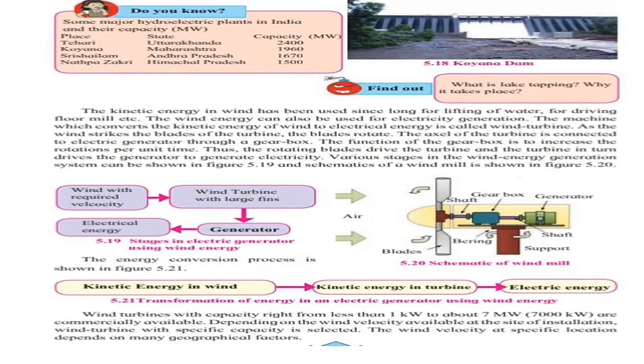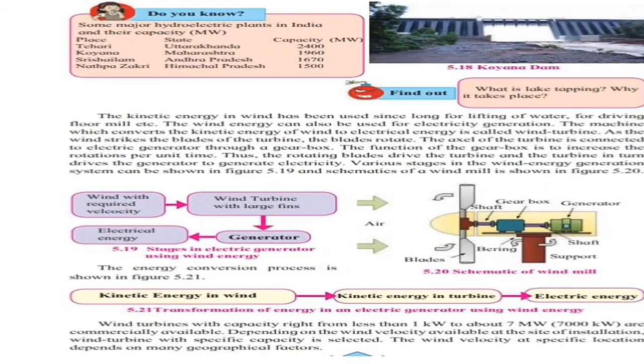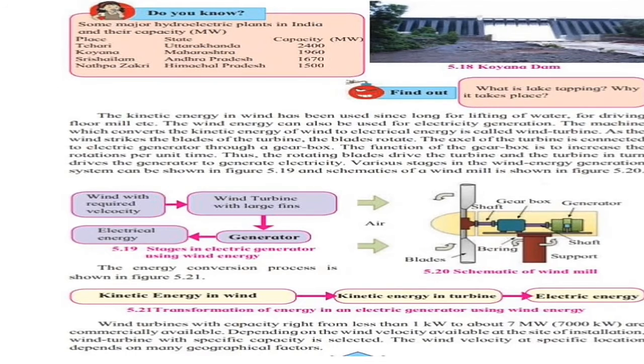So next point is, wind energy is used to rotate the turbines and form electrical energy. So there is a transformation of energy in the electric generator using wind energy.